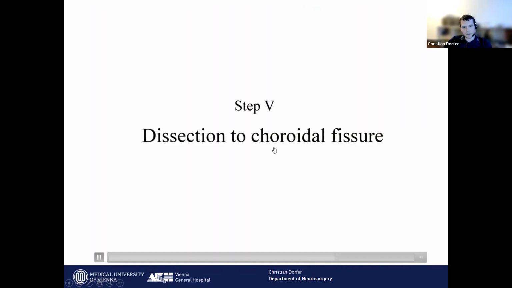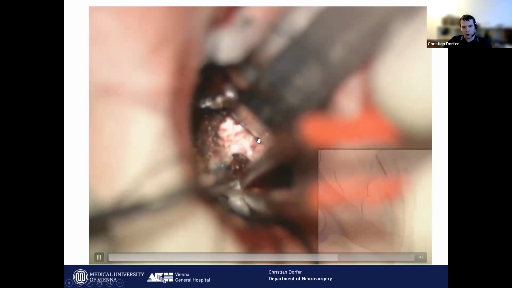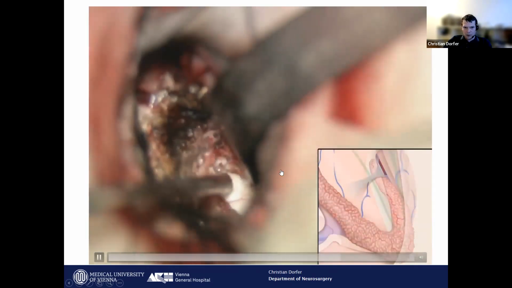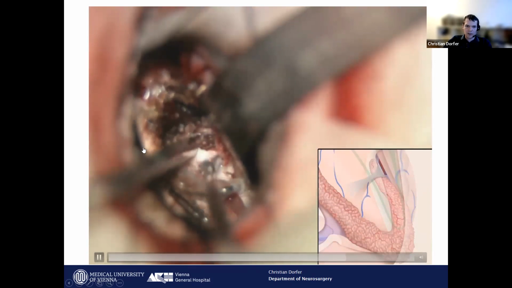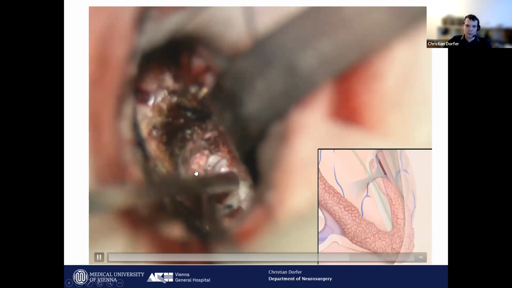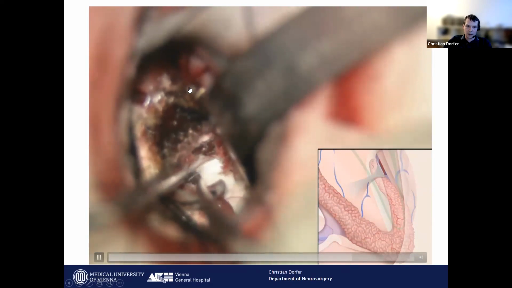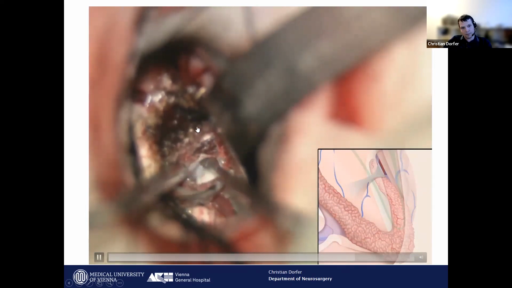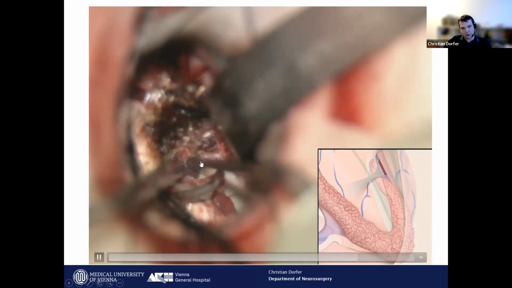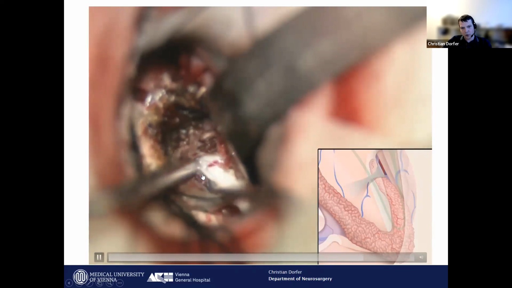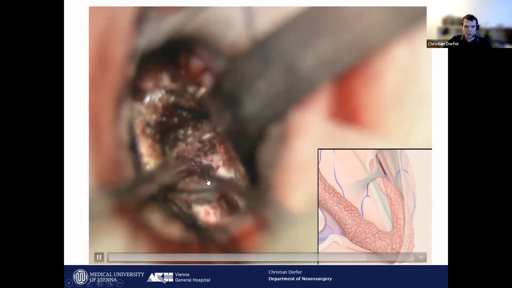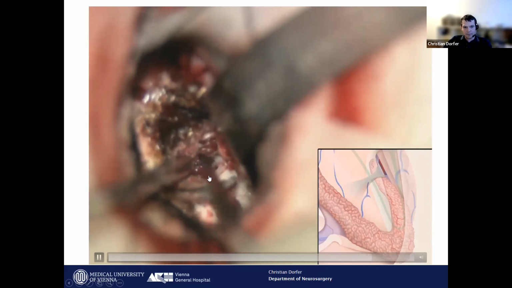And once you have done this, you have to dissect and open up the choroidal fissure, as seen here, because you have to identify the choroidal arteries and get the idea about where the optic tract is, which is then your guiding structure to the frontobasal disconnection here. You see here, here's the hippocampus. This is the choroidal fissure, and as you know it from temporal lobe resections, mesiotemporal lobe resection, opening up the choroidal fissure.